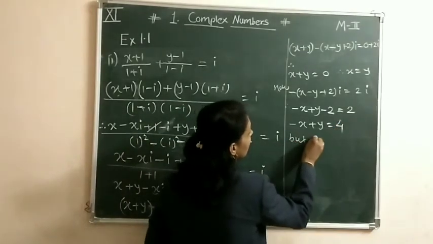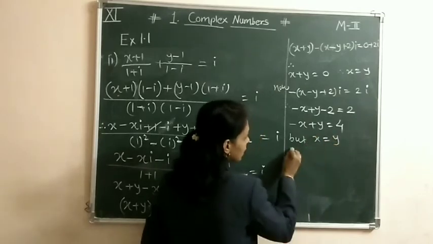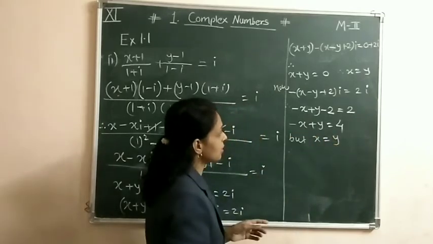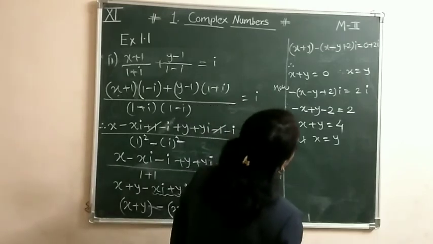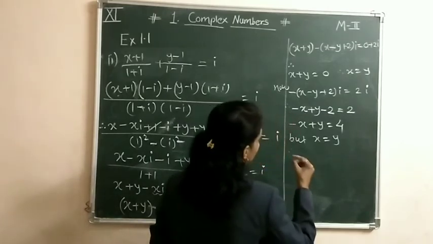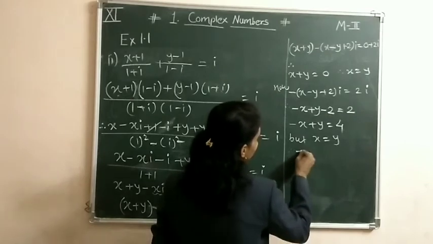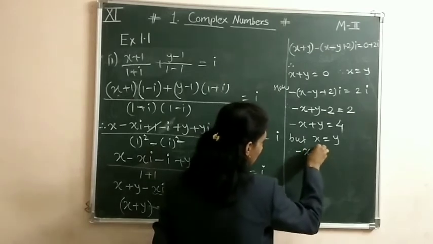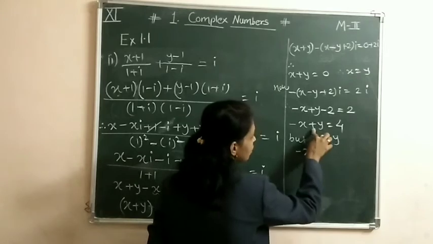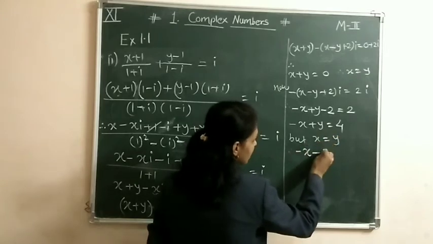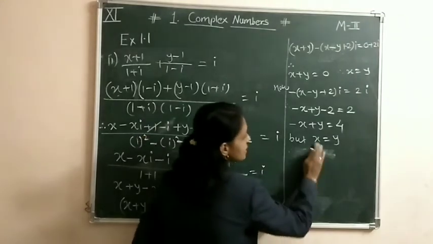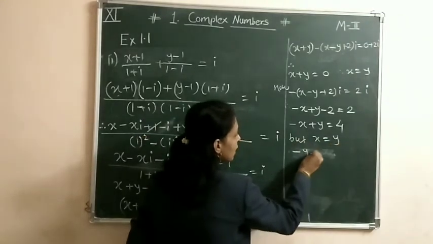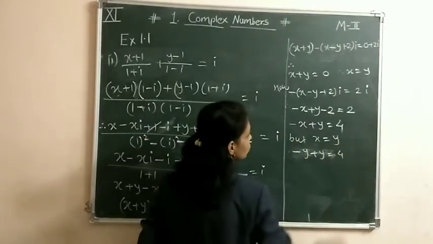But x is equal to y. Therefore, instead of x, we can write y over there. Instead of y, we can write x there. Anything, x is equal to y. So this negative y minus y is equal to 4.